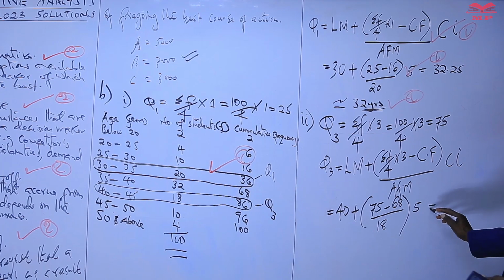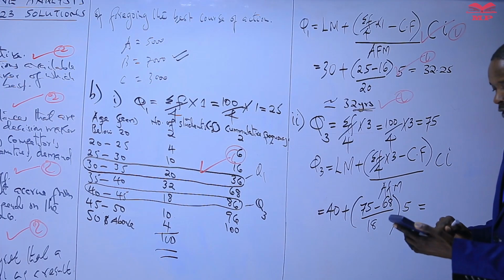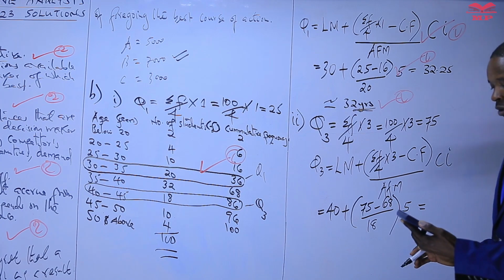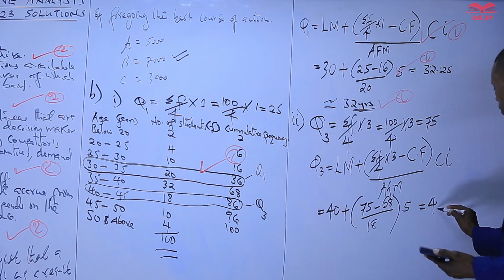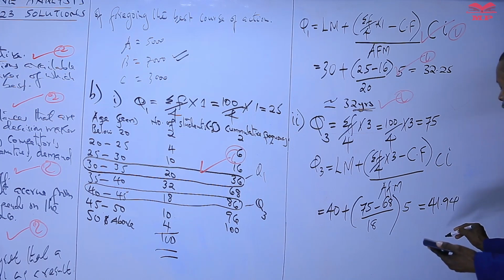I have my calculator here: 75 minus 68, divided by 18, times 5. Then lastly, 40 plus the answer on my screen, which is 41.94 recurring.